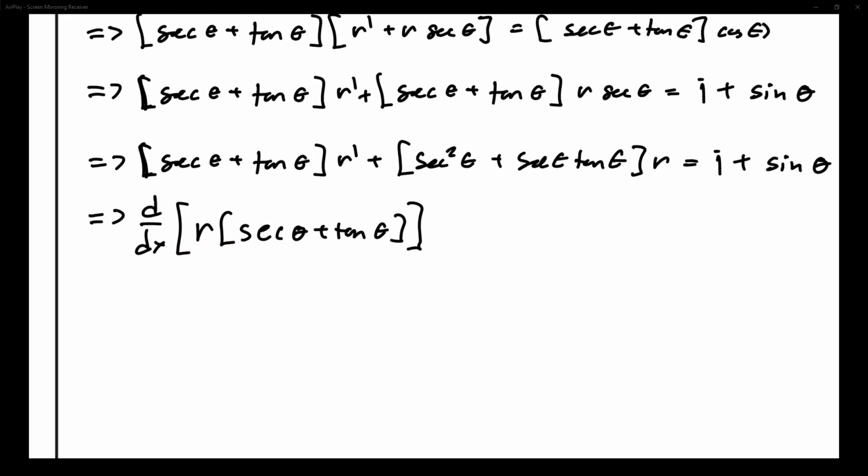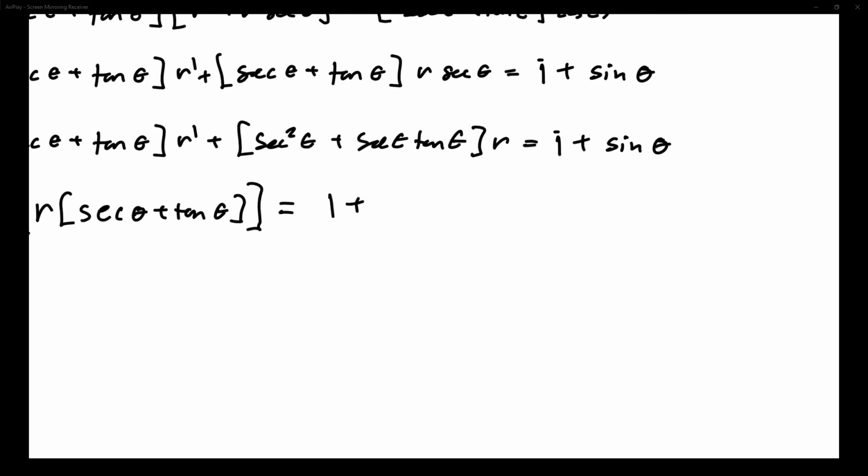So this is exactly what you get. First times the derivative of all this: the derivative of secant is secant tangent, and the derivative of tangent is secant squared. And then second, this part, times the derivative of the first. The derivative of r is just r prime. So that simplifies pretty nicely. Then 1 plus sine theta.